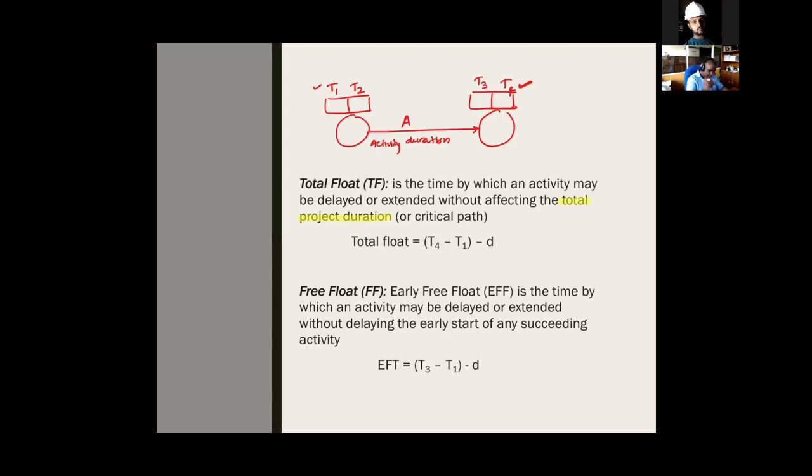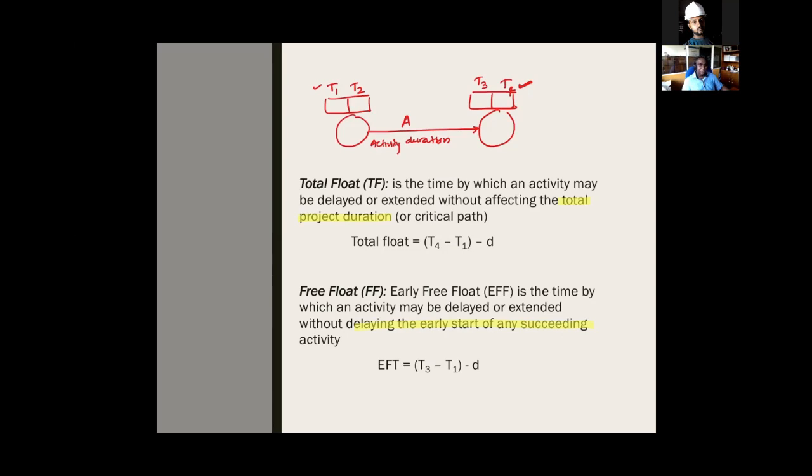Meanwhile, free float is the amount of time that we can delay this activity in such a way that there is no delay in the early start of any succeeding activity. Free float is, if you delay that activity, if the next activity is delayed, that's a problem sometimes.